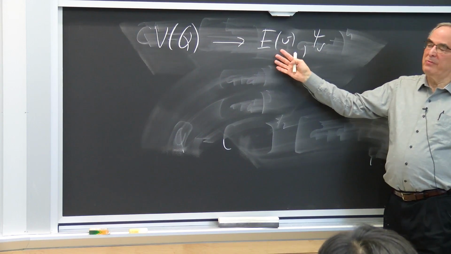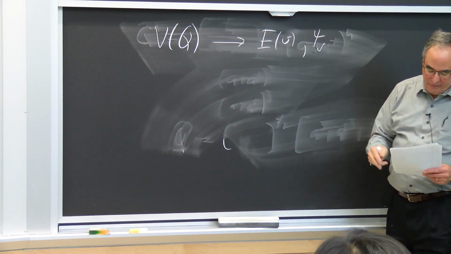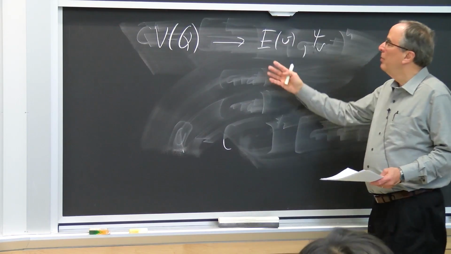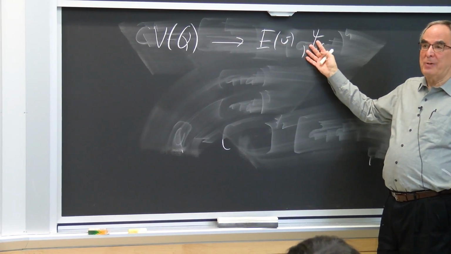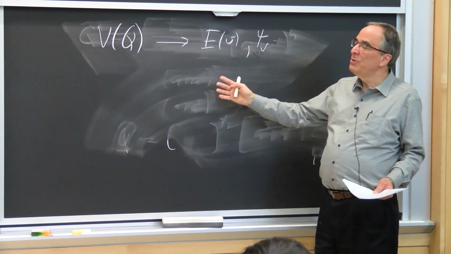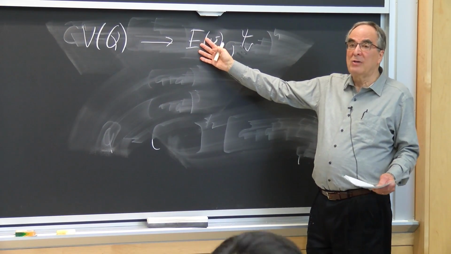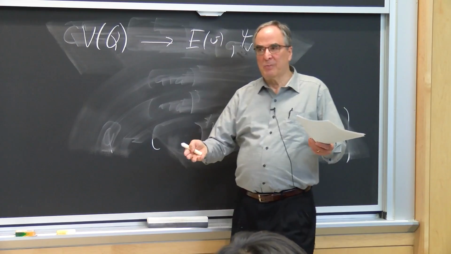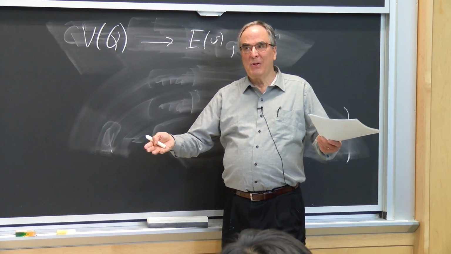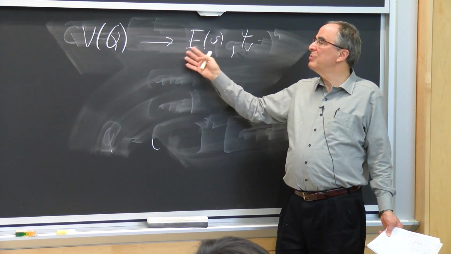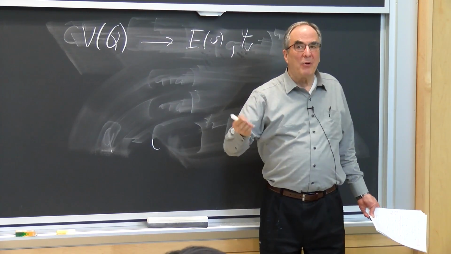You can use the vector picture or the wave function picture, it doesn't matter. And this is enough to do the spectroscopy. It tells you not only where the energies are, but because some transitions are supposed to be weak because of the dipole selection rule or whatever, it says there are some transitions that have borrowed intensity.